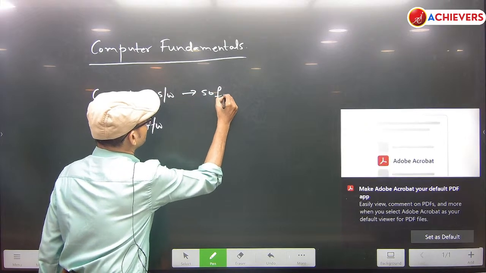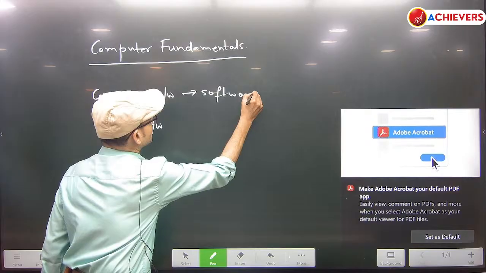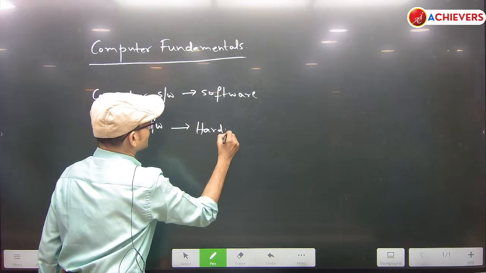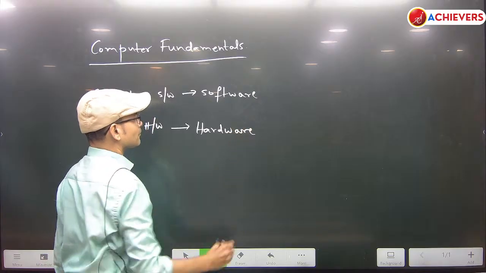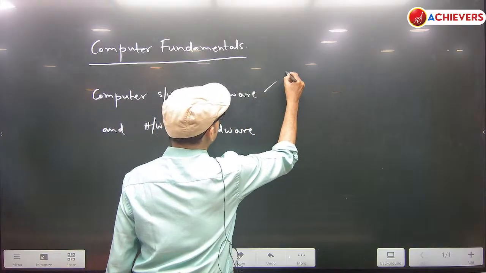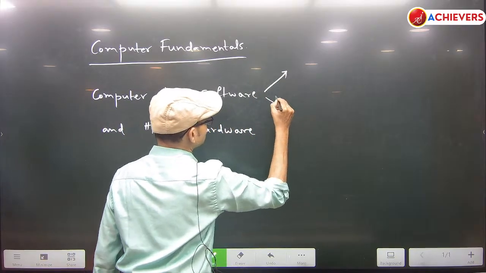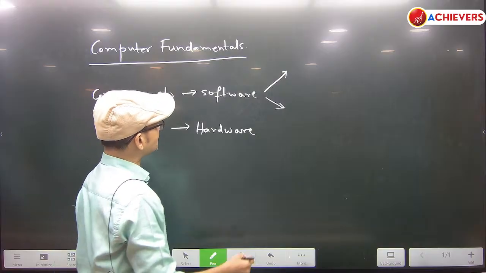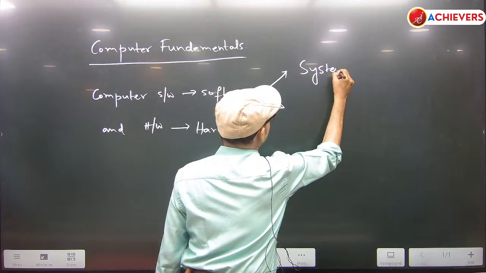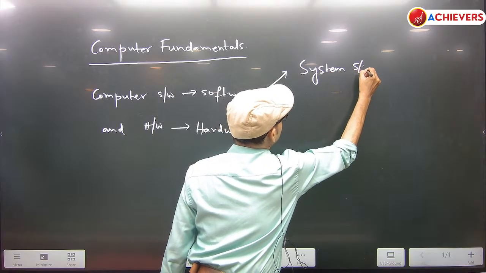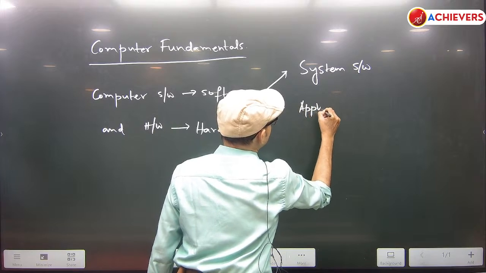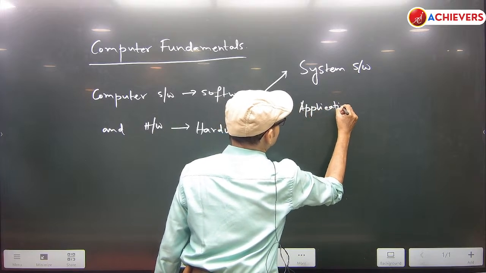Now, over here, software is again divided into two parts. Number one, system software, and number two is application software.